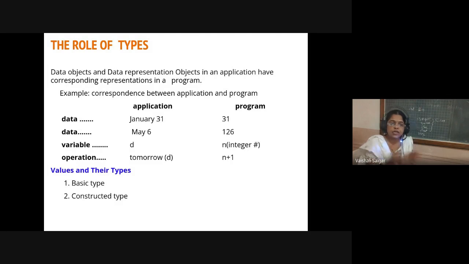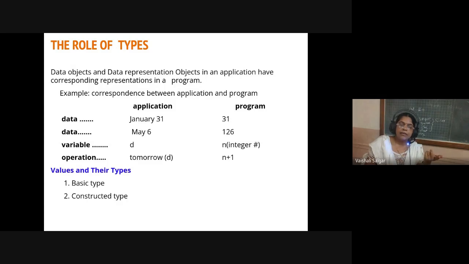That's why there should be proper correspondence between the data objects which you are using in your program and the data representation in your application. When they are represented as variable n in the program, it will be easy for me to do the multiplication of two numbers, and addition of two numbers.